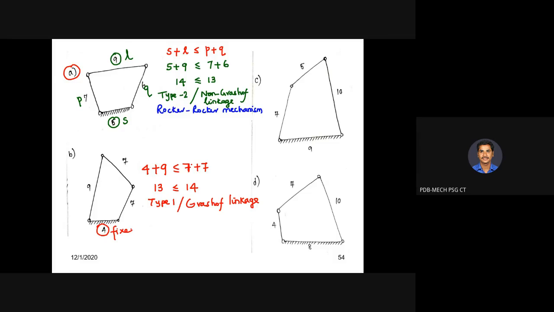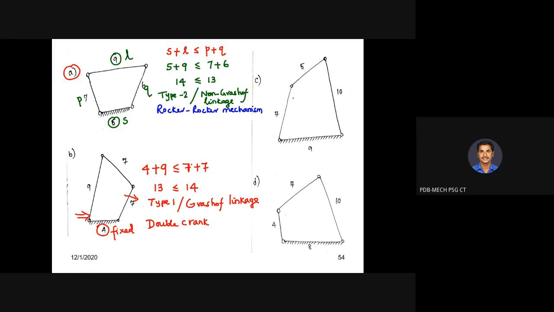Whenever the smallest link is fixed in a Grashof linkage, what mechanism are you supposed to get? Double crank. Yes, double crank mechanism you will be getting. So when the smallest link is fixed and you give input to the 9 link, the 9 link is going to rotate completely, and this 7 link is also going to rotate completely. So it rotates 360 degrees. It is called double crank mechanism.